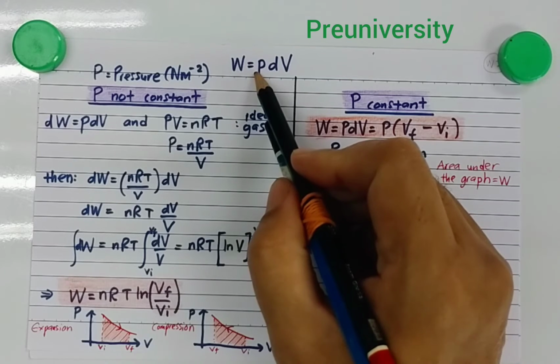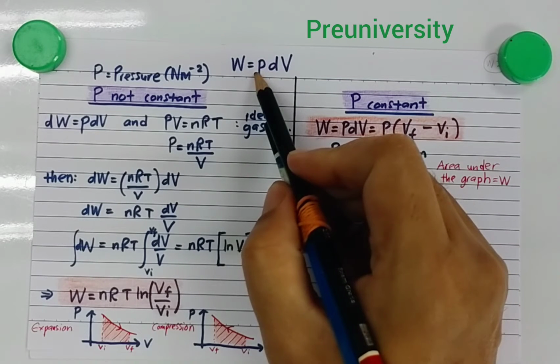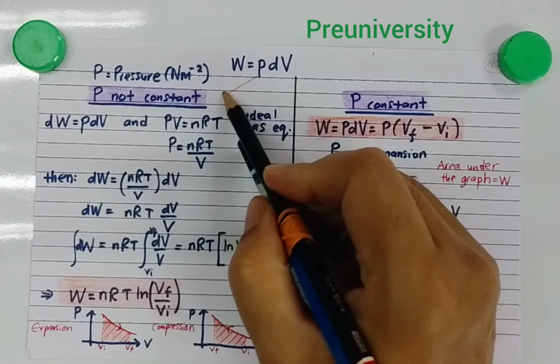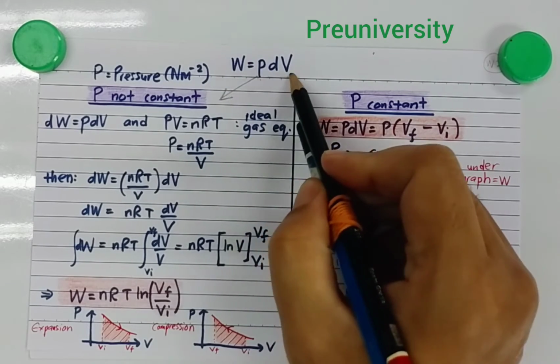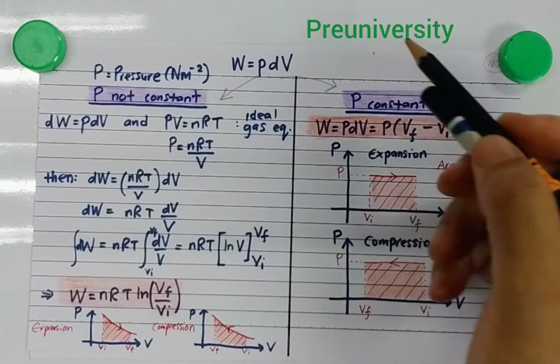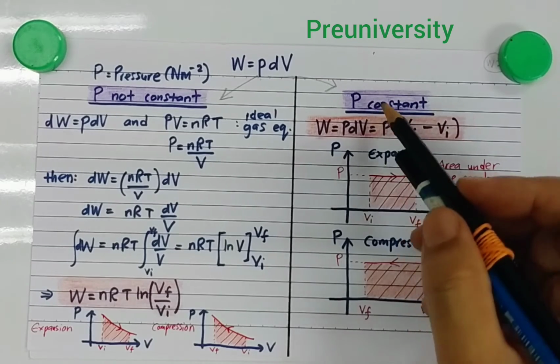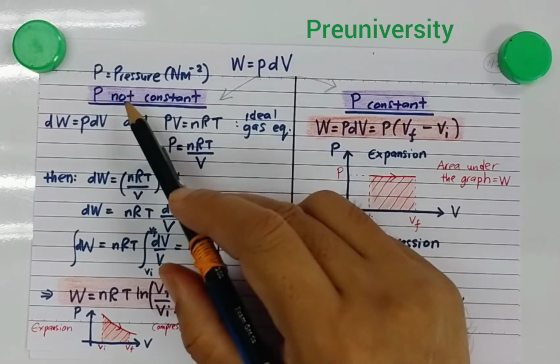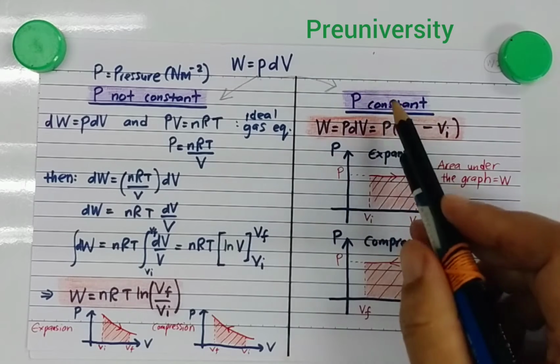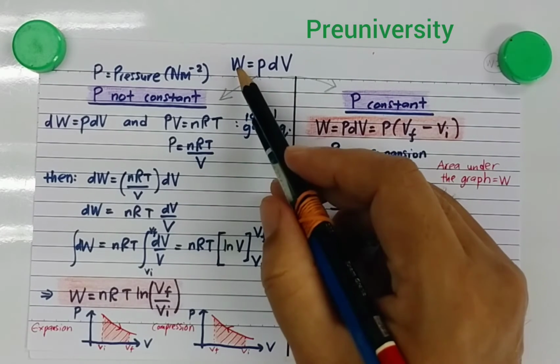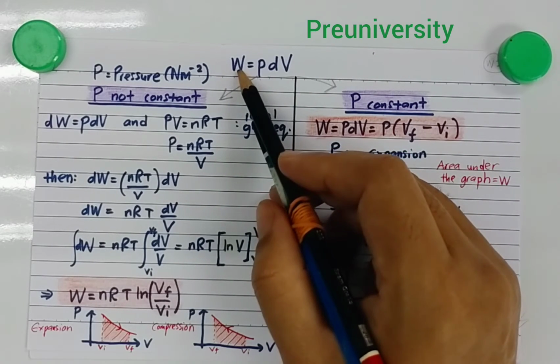For work, we have two types of pressure: pressure is not constant and pressure is constant. Then how can we apply this equation for P is not constant and P is constant to get the work done by or on the gas?